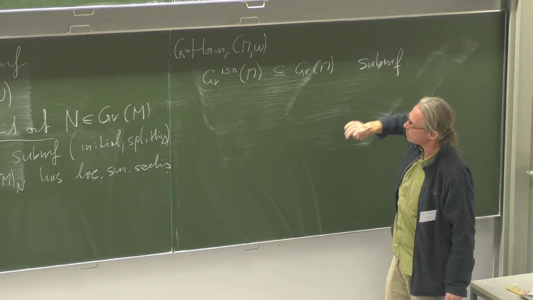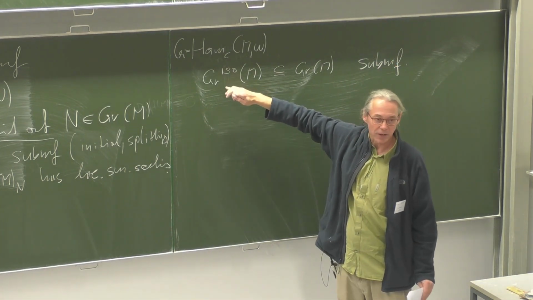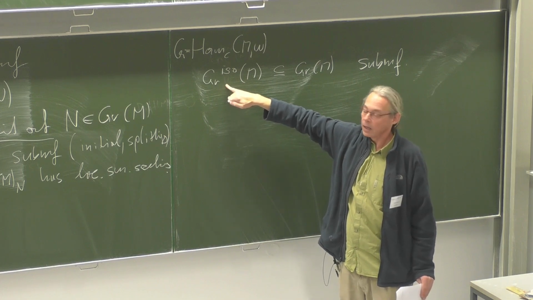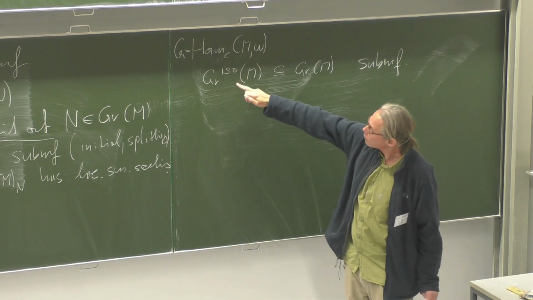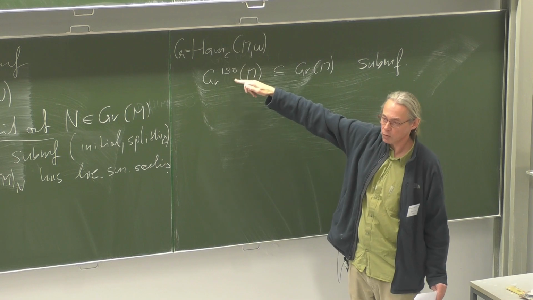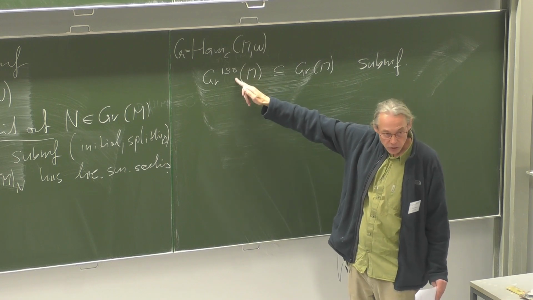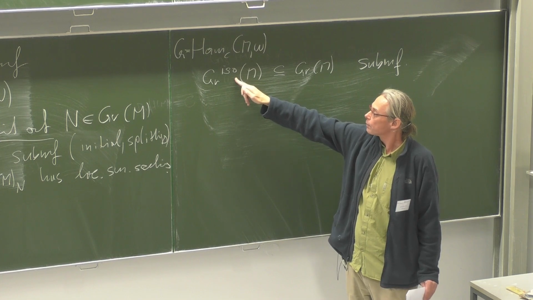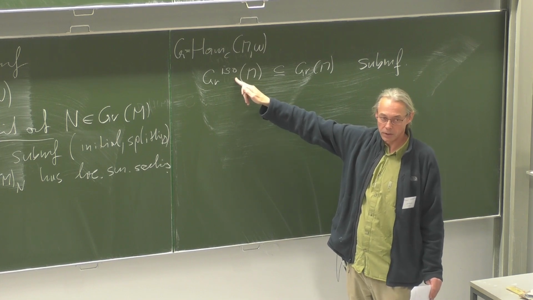So the second guess might be that the Hamiltonian group is going to act locally transitively here, but it's not the case either. The orbits of the Hamiltonian group here provide a foliation on this submanifold that has finite codimension.